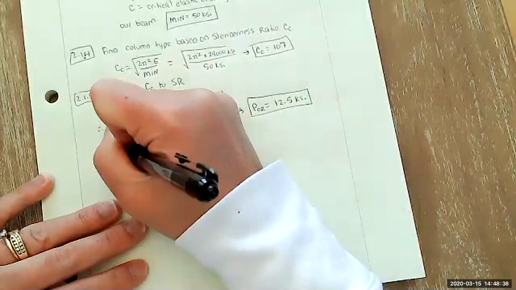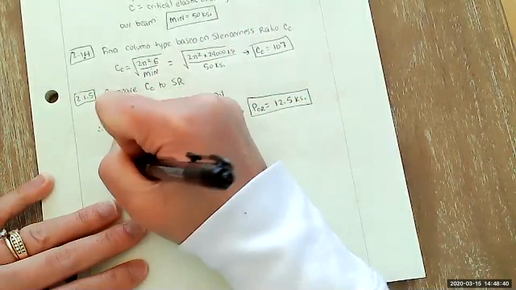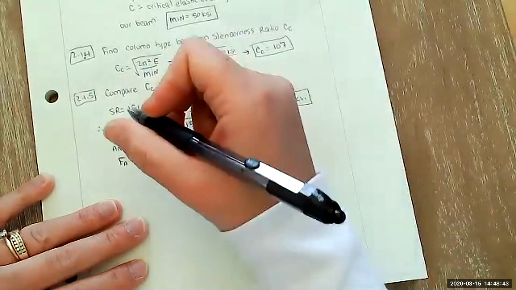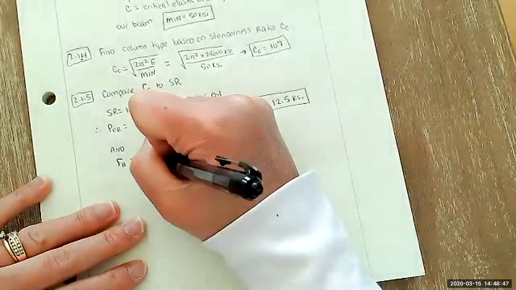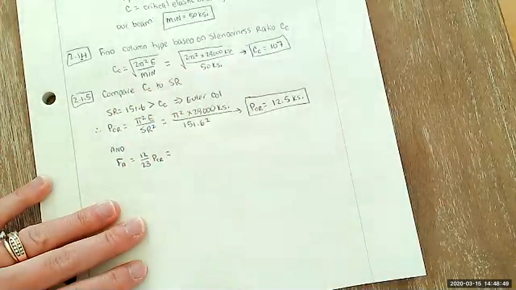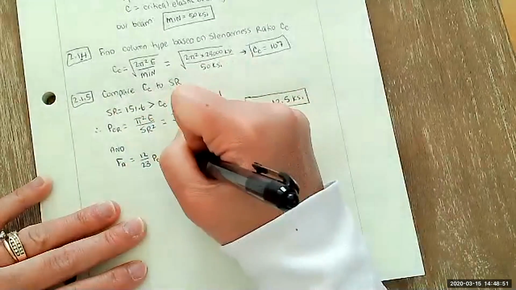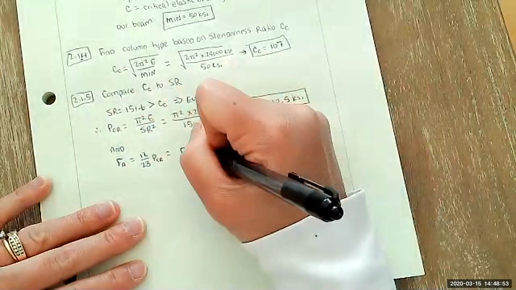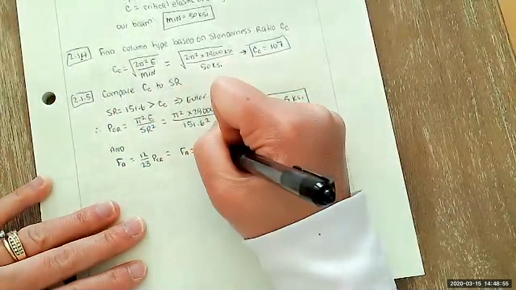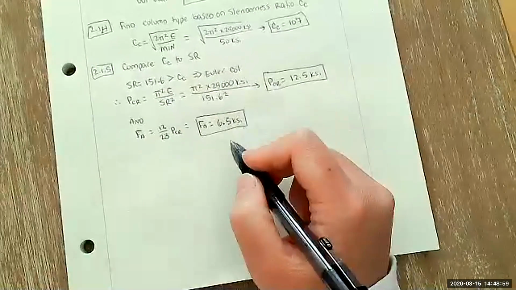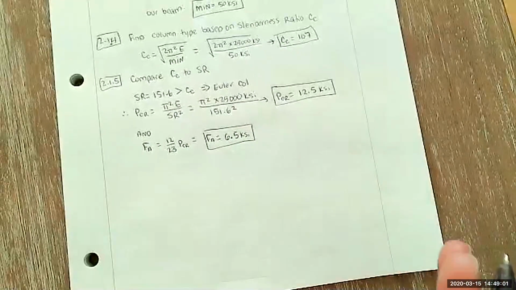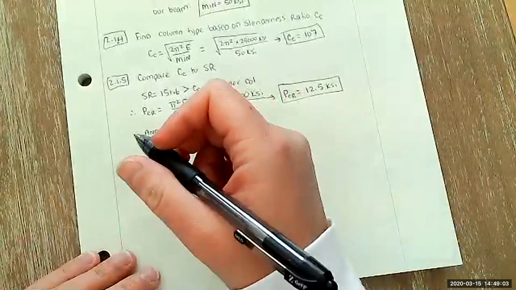And our allowable stress, capital F sub A, is equal to 12 over 23 times our critical buckling stress. So we get F sub A is equal to 6.5 KSI. This is what we'll compare to our actual stress to determine if the structure is safe.